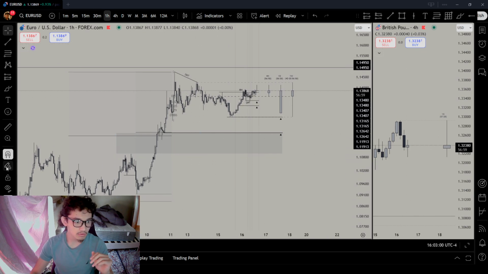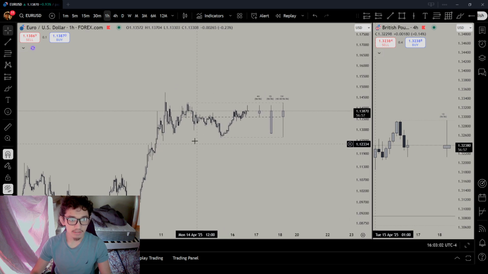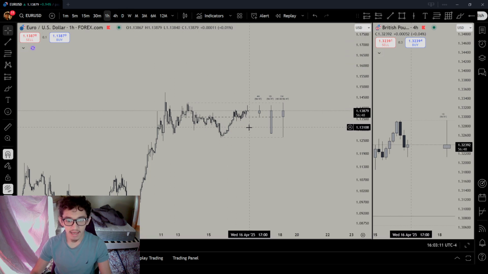Now, how do I analyze the chart step by step? So what I do first is I come at the market around 5 to 6 a.m. Usually 6 a.m. is when I clock in, and that is when I'm doing my analysis.